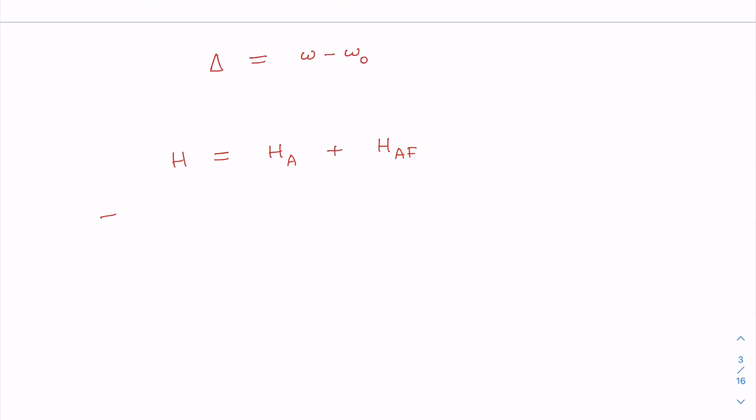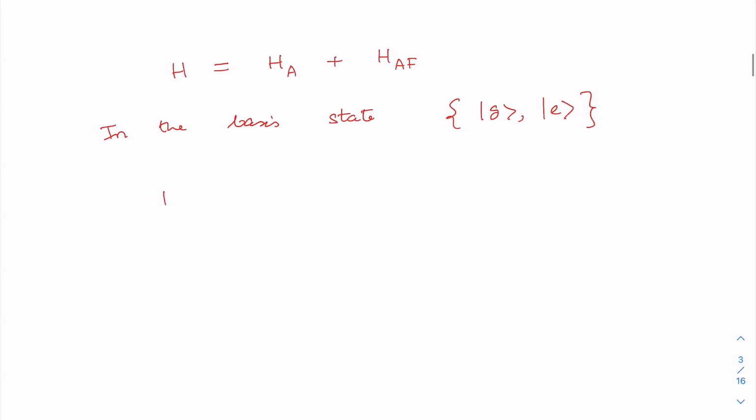In the basis states |g>, |e>, we can express the free atomic Hamiltonian HA in this way. We already know how we can express an operator in matrix form, so we can sandwich two identity operators this way. We already discussed it in the first lecture.